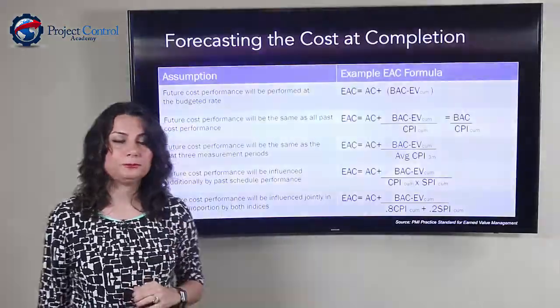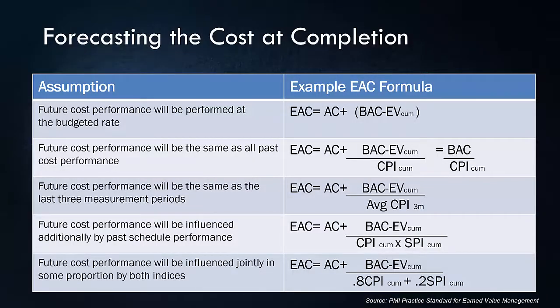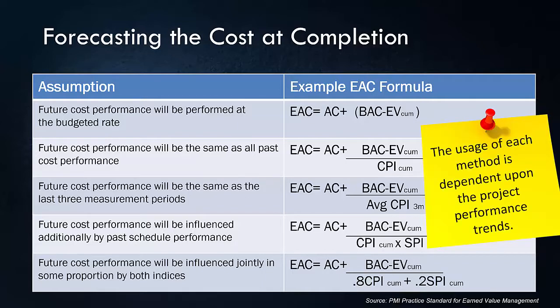That's a good question. According to the PMI practice standard for earned value management, you can see they come up with different formulas for your estimate at completion, or your forecast for your cost, depending on the assumption that you make, or I would like to say depending on your trends, on the project performance trend.